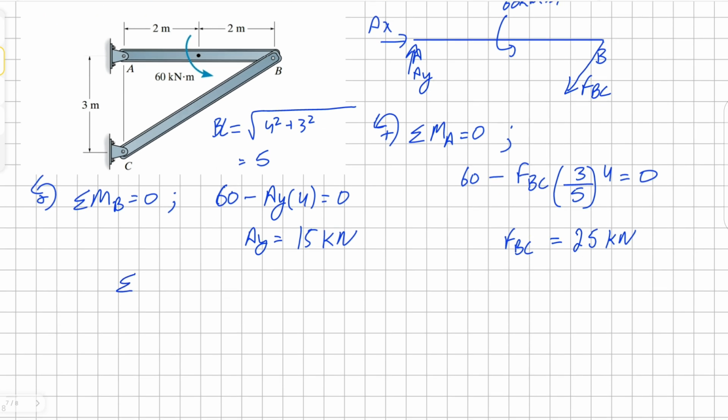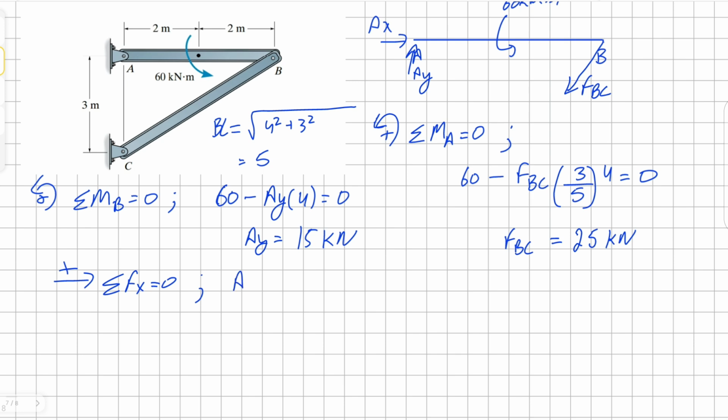Now let's take sum of forces in the y direction. We're going to assume up as our positive. Oh, never mind, because we already have all the y forces, so we don't have to take the sum of forces in y direction, but we do need to take the sum of forces in x direction, and we're going to assume left to right as a positive.